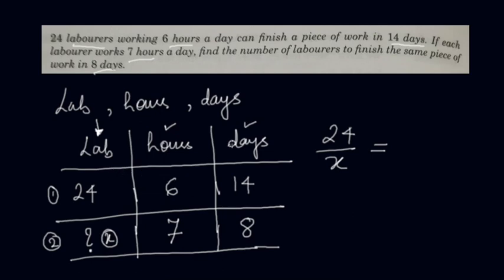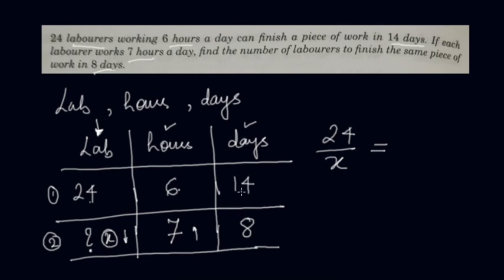Imagine when I say compare, just leave days in isolation, don't even look at it. If 24 laborers are required working for 6 hours a day, if the number of hours are going up in this case, will the number of laborers go up or will the number of laborers go down? See, if the number of hours are more with us, that means we will need fewer laborers to finish that work.